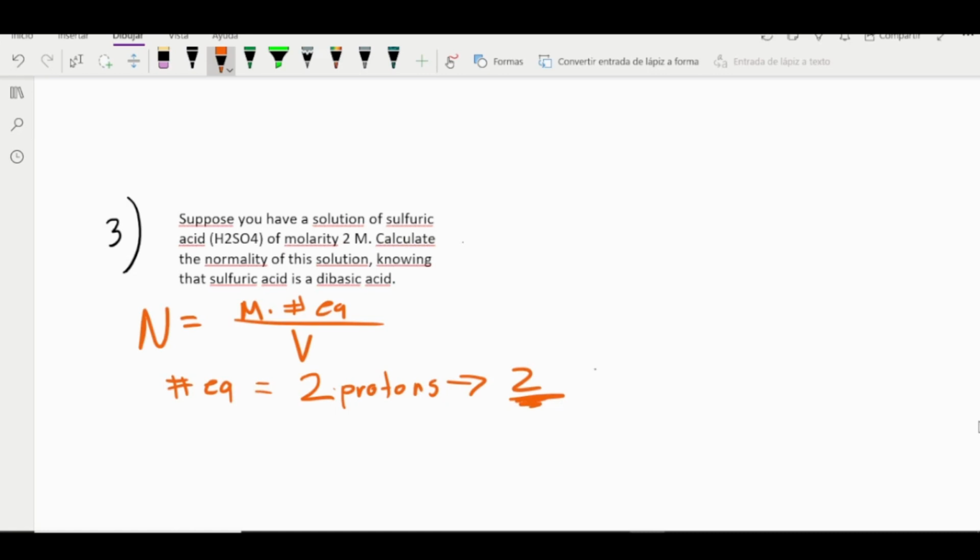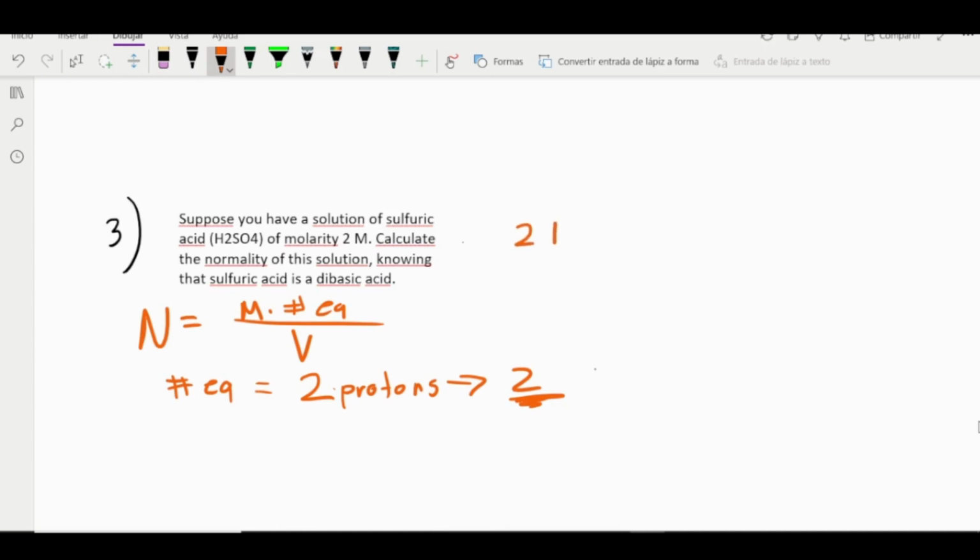So, in this case, the only thing that we need to do is apply the substitution. But if you read the problem again, we didn't have the volume. We don't know what the volume is, but we can take it from the molarity.